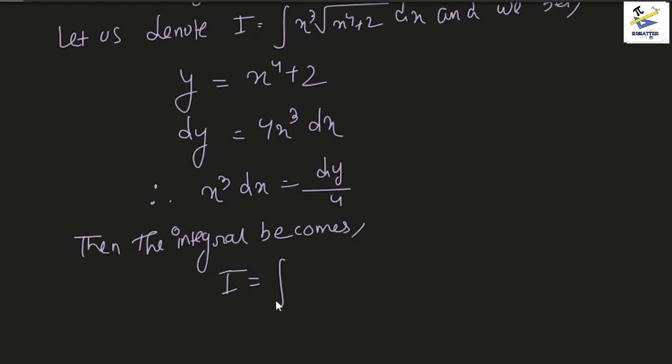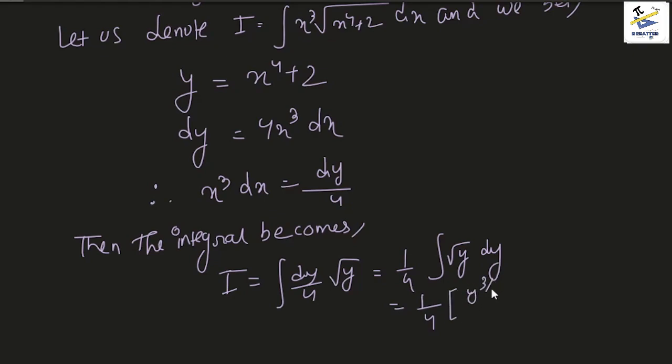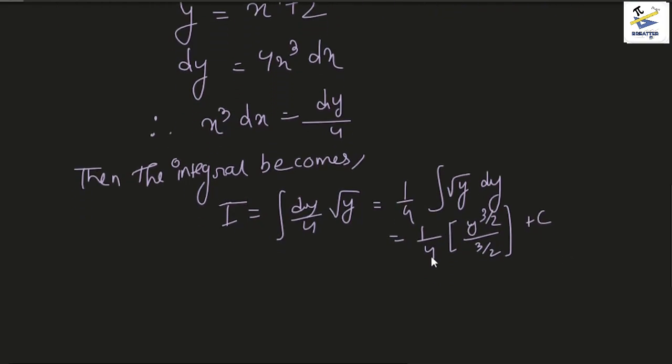Then the integral becomes I equals the integral of, that thing becomes dy by 4, the x cube dx thing, and this becomes root over of y, right? So it's 1 by 4 into the integral of root y dy. Root y dy is just y to the power 3 by 2 by 3 by 2 plus c, and this would be 2 by 3 into 4, which is basically 1 by 6.